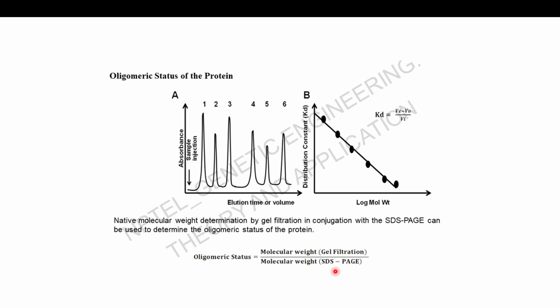Suppose in the gel filtration your molecule is eluting where the molecular weight is 80 kilodalton, but on SDS-PAGE, when you ran the same sample, you see your protein band running at 40 kilodalton.